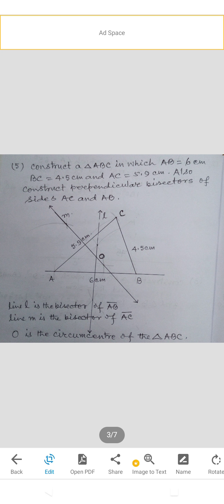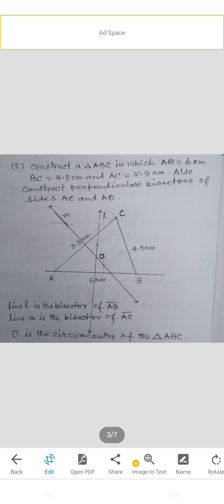Next question. Question number 5. Construct a triangle ABC in which AB equal to 6 cm, BC equal to 4.5 cm and AC equal to 5.9 cm. Also construct perpendicular bisector of sides AC and AB. So you have given that three sides of a triangle, SSS congruence, SSS triangle constructions.